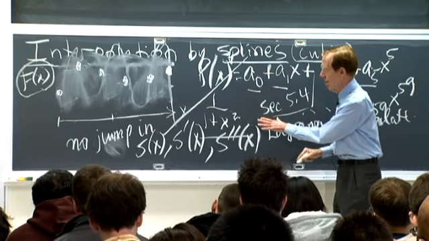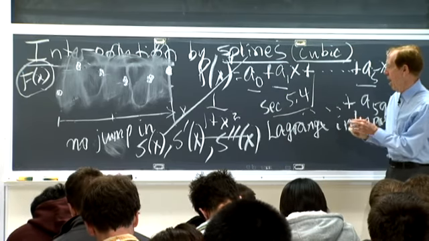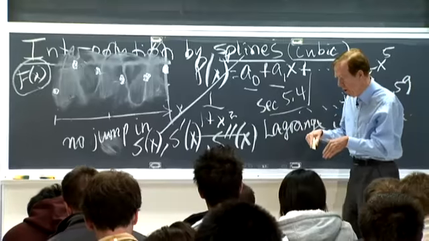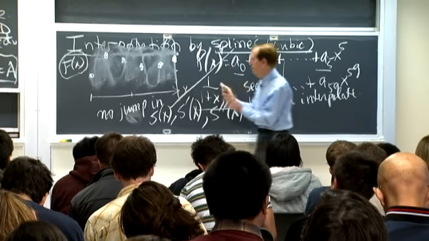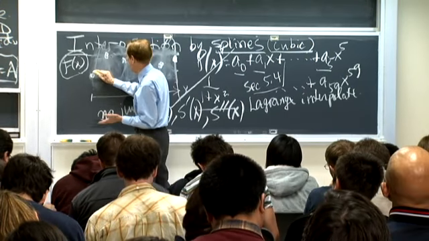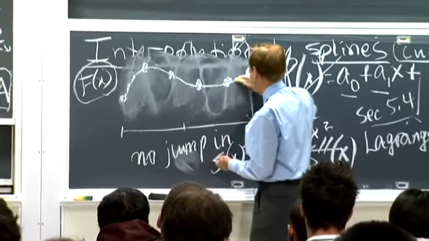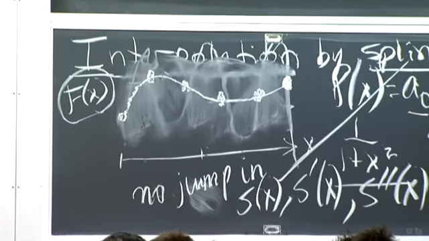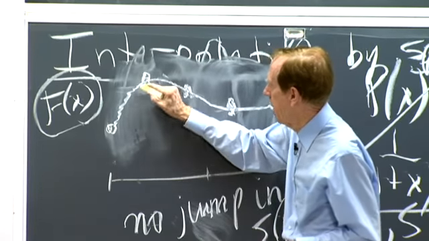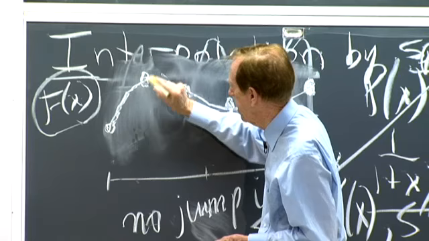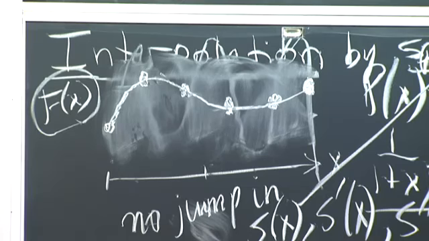So the only jumps you see for those spline functions are jumps in the third derivative, and that makes it extremely smooth. If I try to draw what a spline would do, it'll go through those points, coming out of the spline fit MATLAB command, and it will be as smooth as I drew it. There is a change in the third derivative at these points.